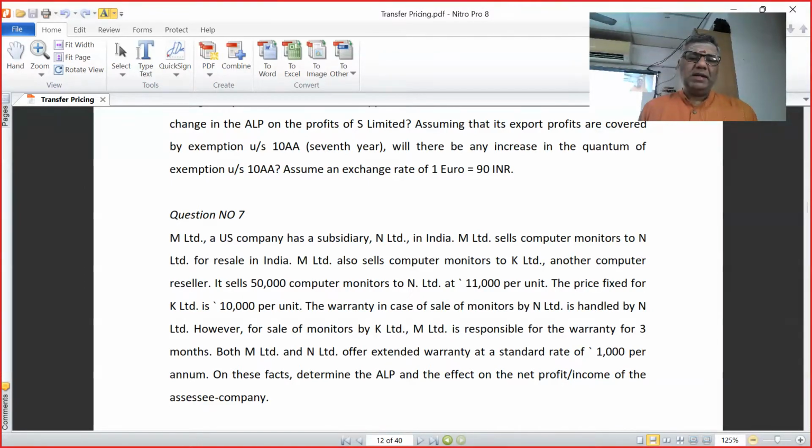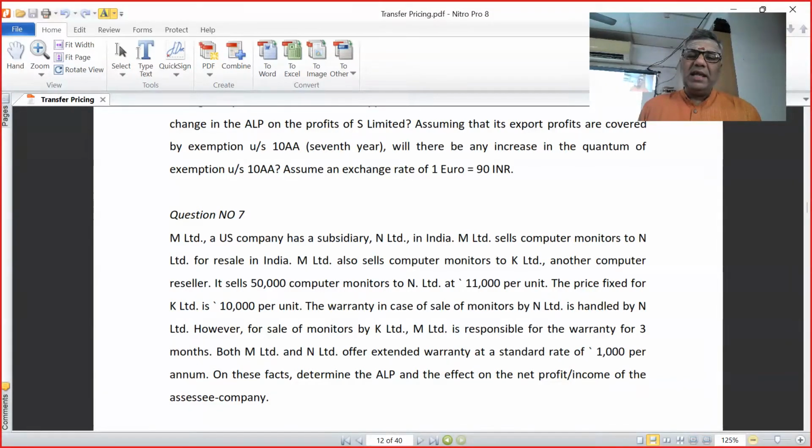Question number 7. M Limited, a US company, has a subsidiary N Limited in India. M Limited sells computer monitors to N Limited for resale. M Limited also sells computer monitors to K, another computer reseller. It has sold 50,000 computer monitors to N Limited at 11,000 per unit. The price fixed for K Limited is 10,000.